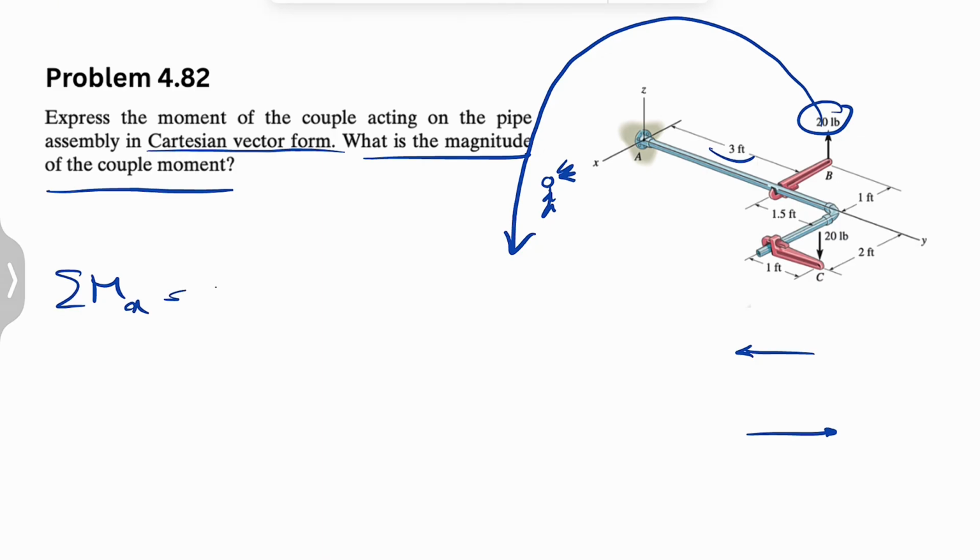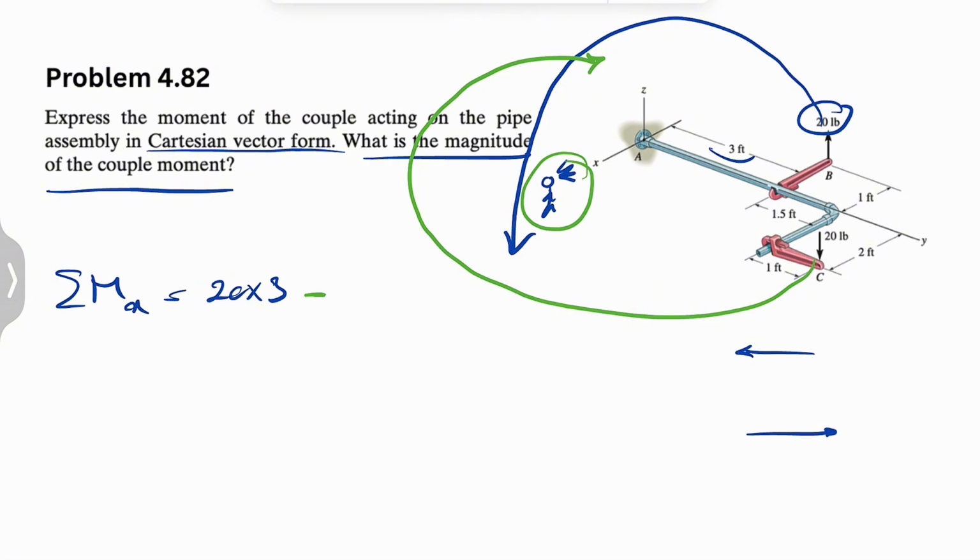So if we want the sum of all moments about the x-axis, first we have a counterclockwise moment, 20 times the distance 3, which is 60. We also have the moment of this other force, which is clockwise about the x-axis, so the sign will be negative. So negative 20, and the distance is 3 plus 1.5 plus 1, so basically 5.5.